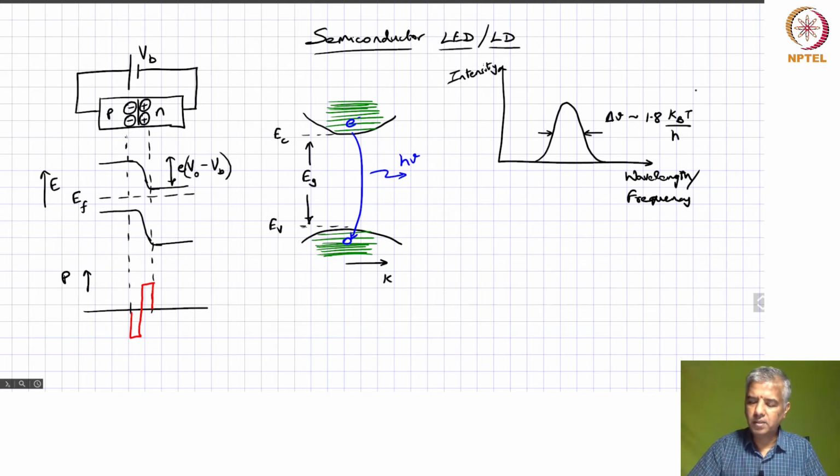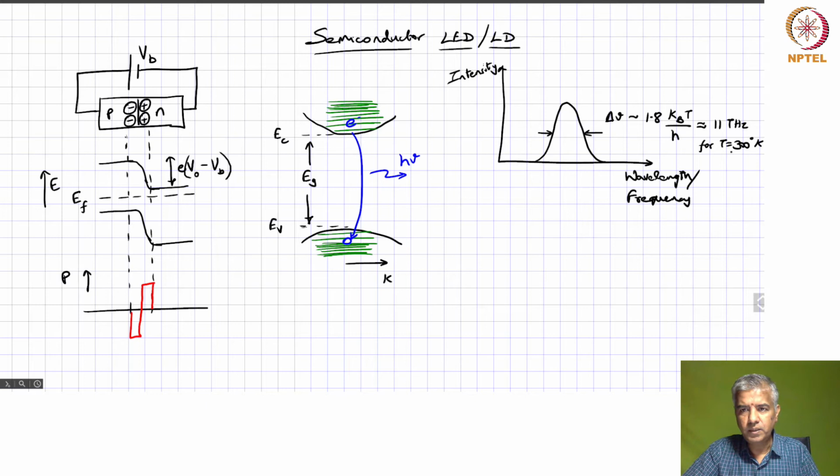So for example, if you talk about room temperature, T equal to 300 degrees Kelvin, this will be approximately 11 terahertz. Okay, so it's on the order of 11 terahertz when T equals 300 Kelvin.